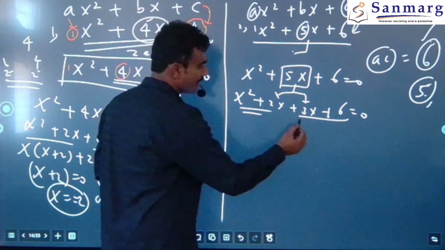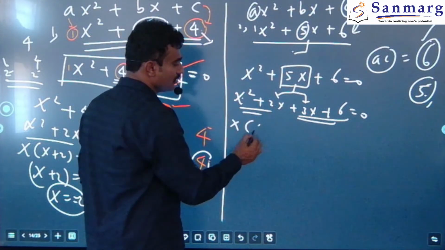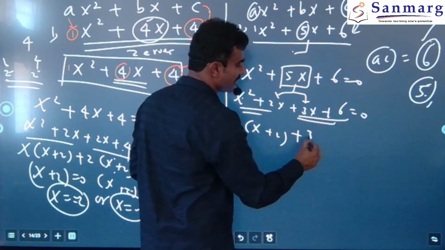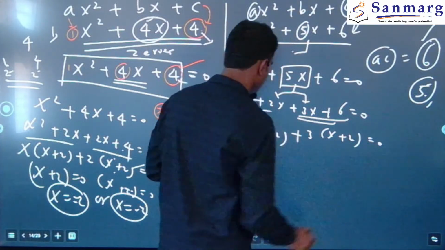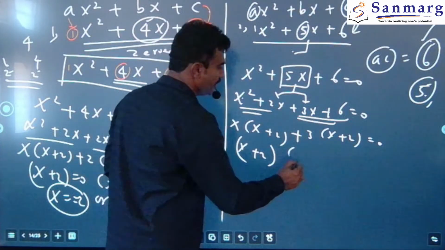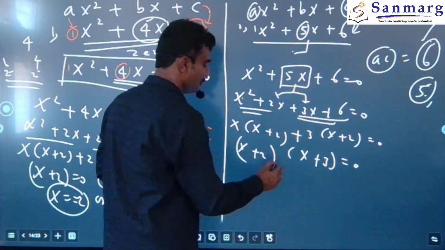So the next step is we have to take the common numbers. X square plus 2x, x is common. So x plus 2. And in 3x plus 6, take 3 as common. We will be left with x plus 2. So the next step is x plus 2 into x plus 3 is equal to 0.